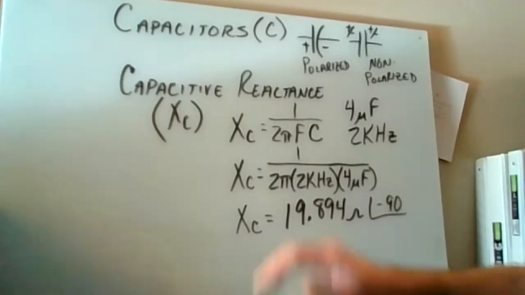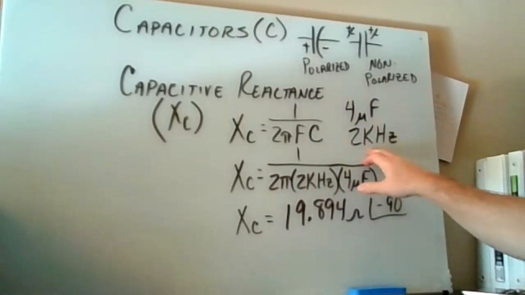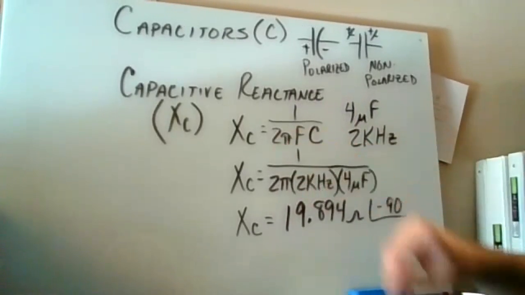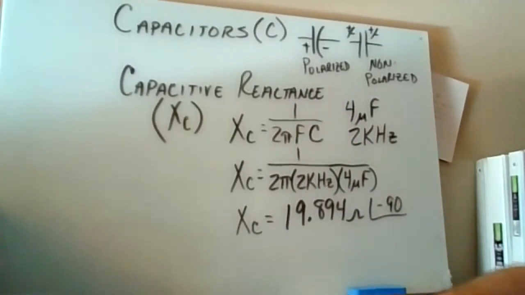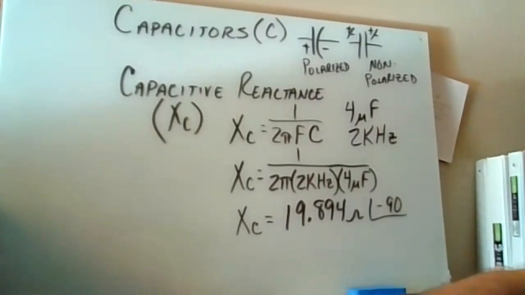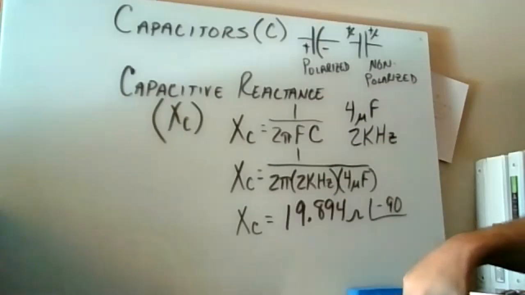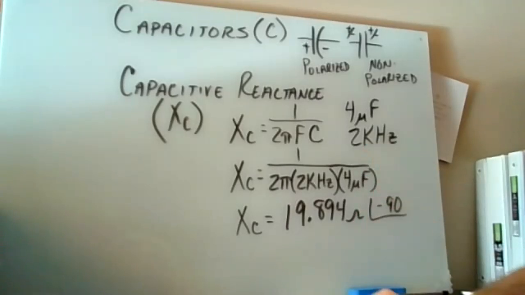Okay? So by looking at this equation, if I raise this frequency, what's going to happen to my X of C? Is it going to go up or down? Down. Exactly, if I raise the frequency, my X of C is going to go down.